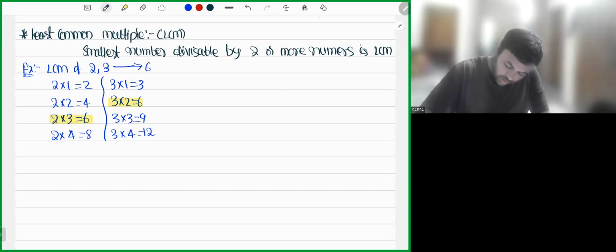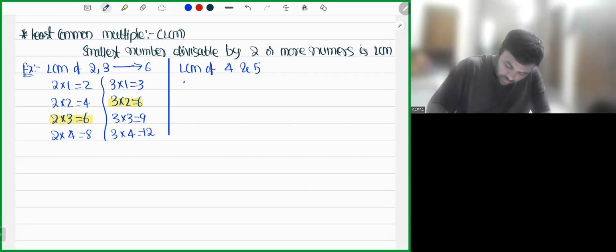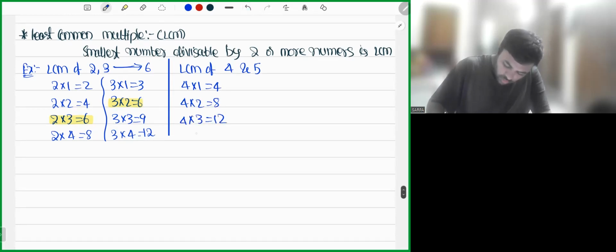Okay. Now, let us see the LCM of 4 and 5. 4 into 1, 4. 4 into 2, 8. 4 into 3, 12. 4 into 4, 16. 4 into 5, 20.